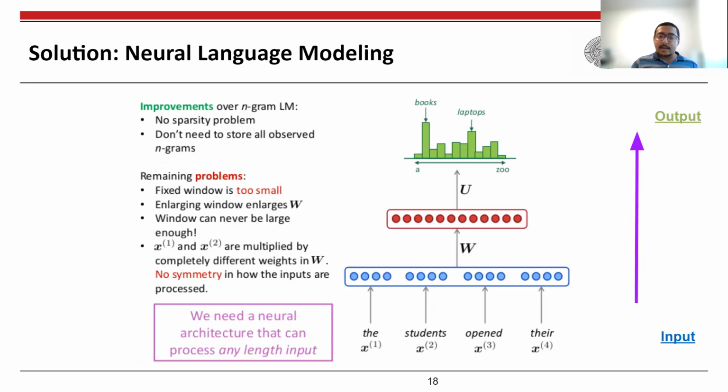As you can see, one of the problems solved is the sparsity problem, because now you don't have to store probabilities for all of these n-grams. You don't have to store the probabilities for all of these combinations, like "the students opened their".